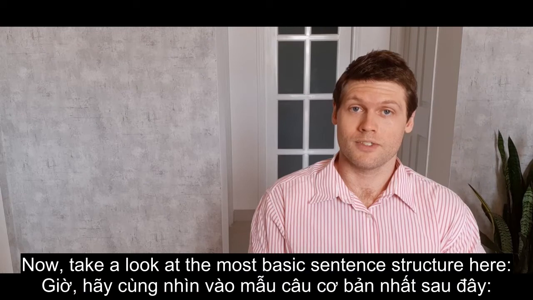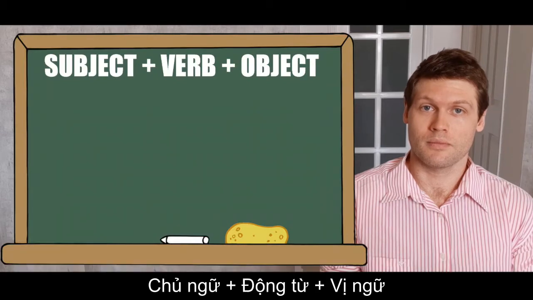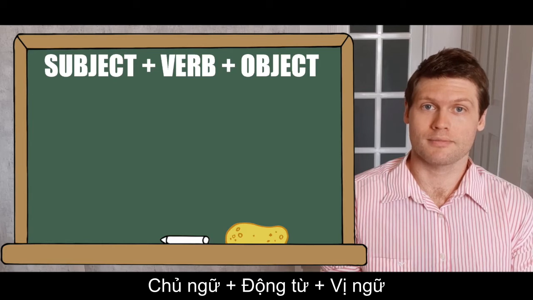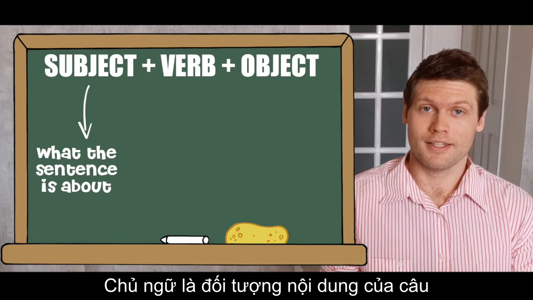Now, take a look at the most basic sentence structure here. Subject plus verb plus object. The subject is what the sentence is about.